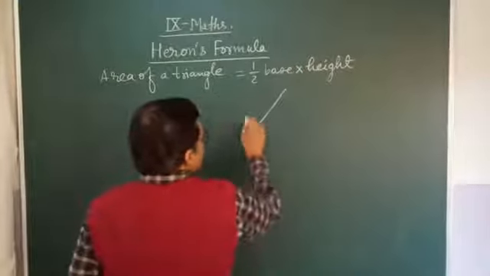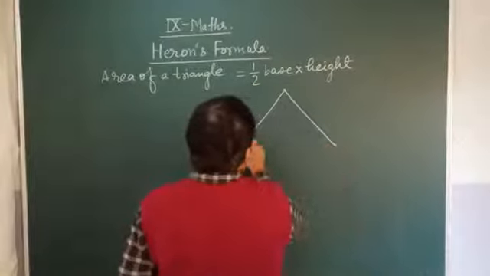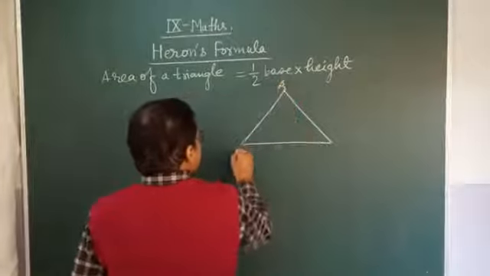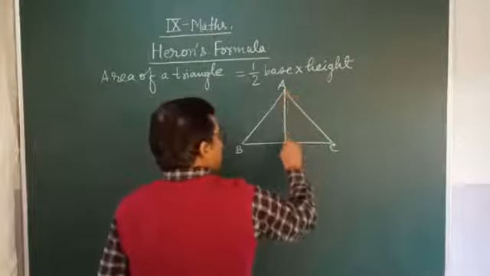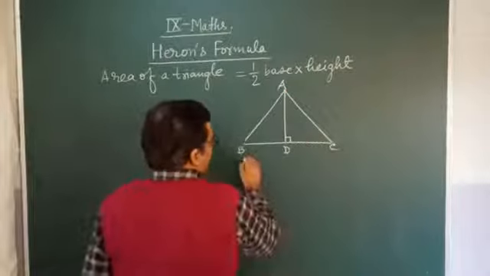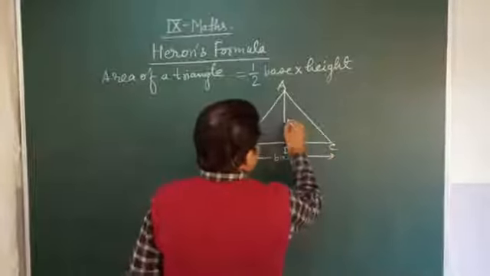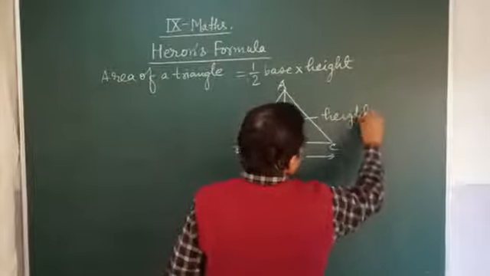So you see, we make a triangle. Its base is BC and perpendicular height AD is perpendicular to BC. Its base is BC and AD is its perpendicular height.